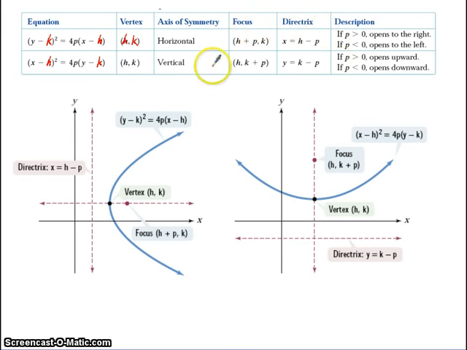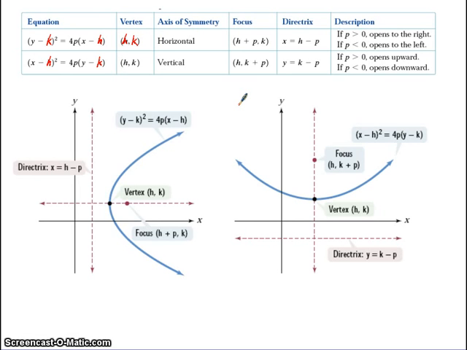Here we have the focus and the directrix. We have really a formulaic way of finding the focus and the directrix. To find the focus, you need to have the vertex and the p-value. To find the directrix, you're going to need to know the vertex and the p-value as well. And like I said, these are the formulaic ways of finding the focus and directrix.